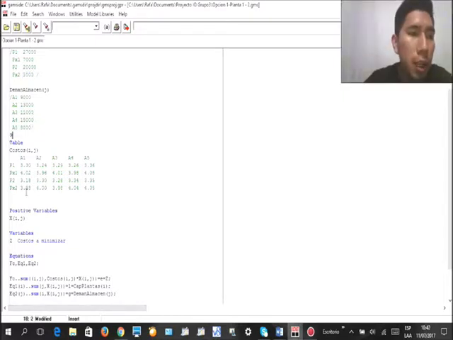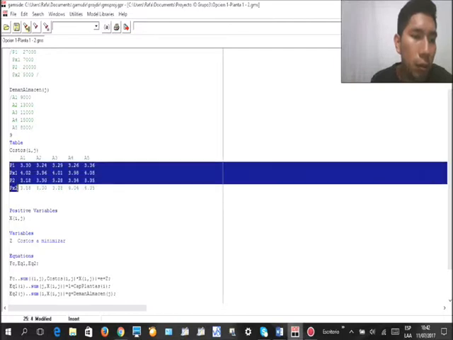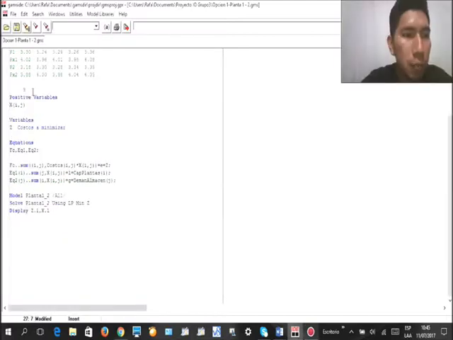Third, the table. The table is defined by columns as warehouses. Warehouses are 5 and the rows are manufacturing plants. They are 4. Positive variables are all the x, i and j.